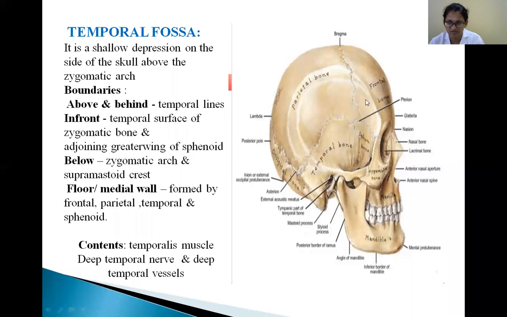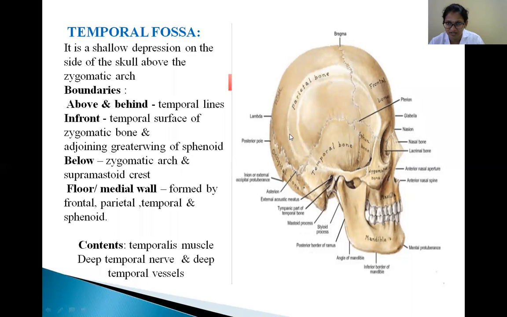Coming to the boundaries of the temporal fossa. It is bounded above and behind by the temporal lines.